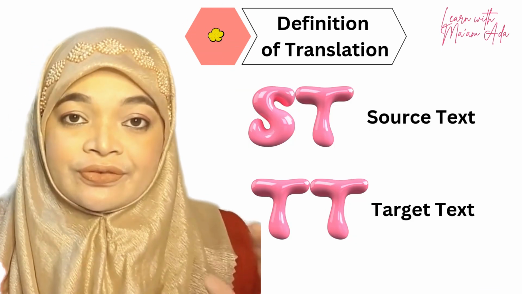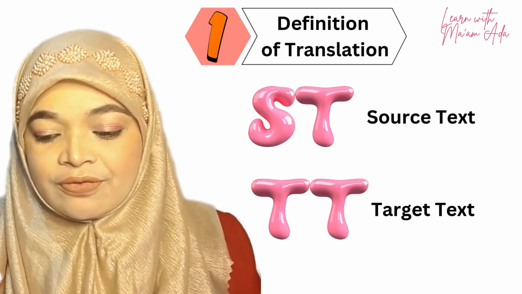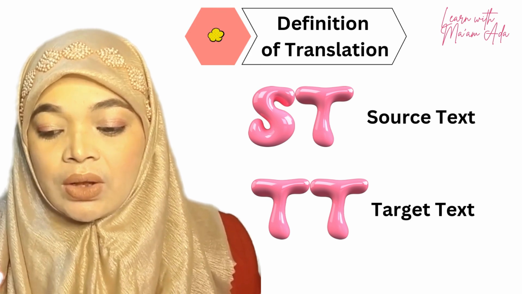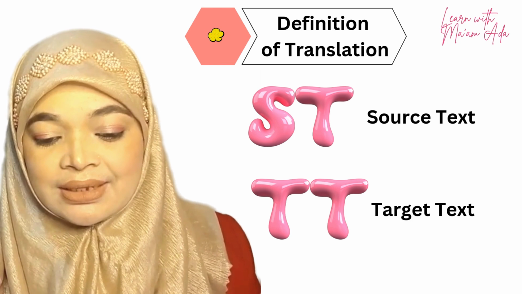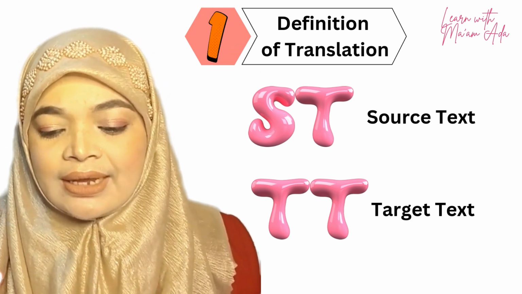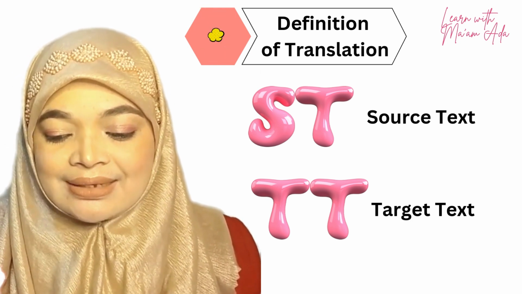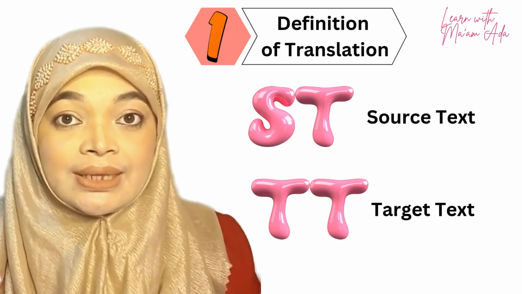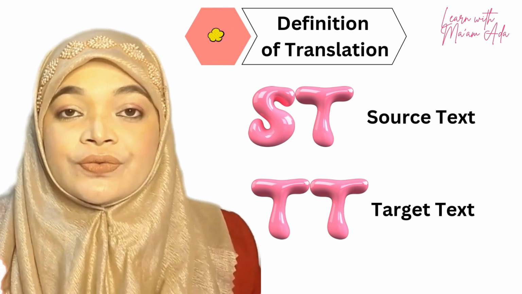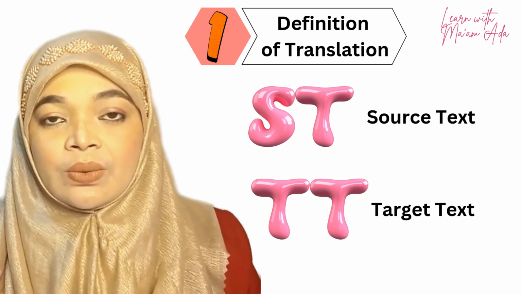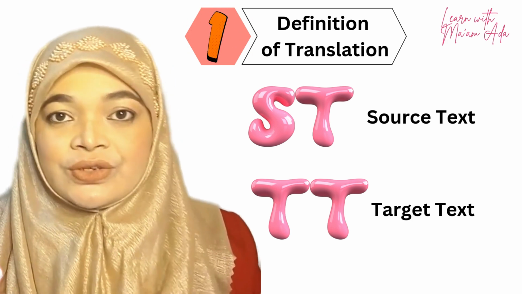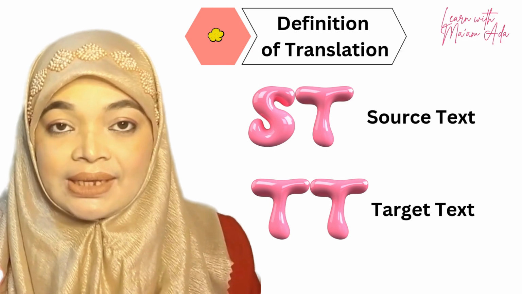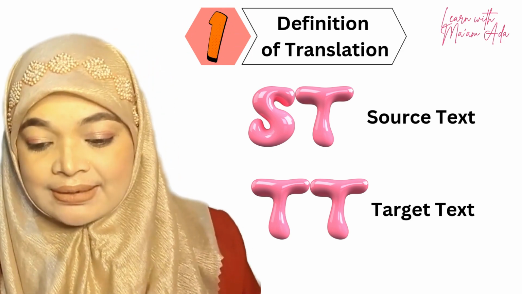Alright, so the first definition focuses on the role of the translator in translating the original text or source text and turning it into a text in another language or the target text. For this video, we will use the code ST for source text and TT for target text.